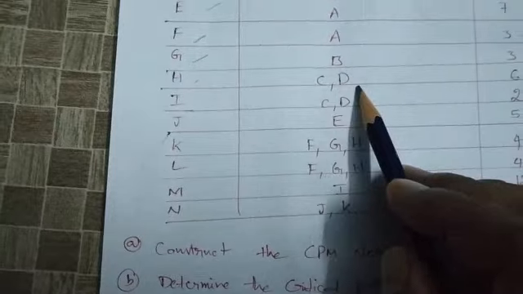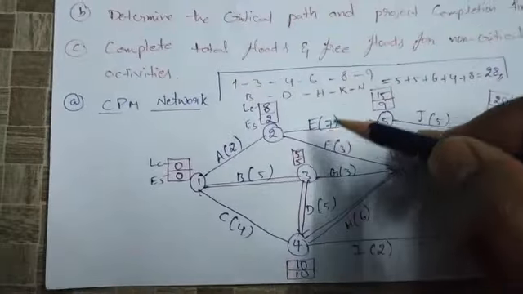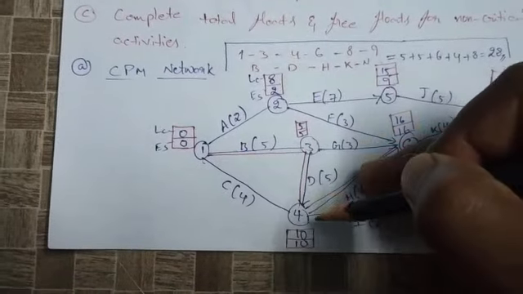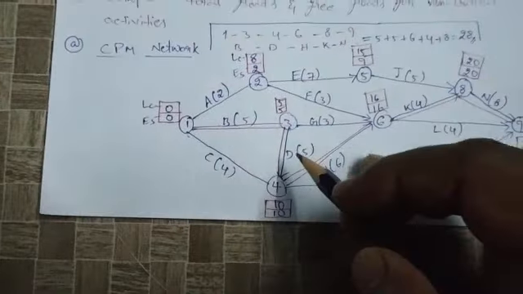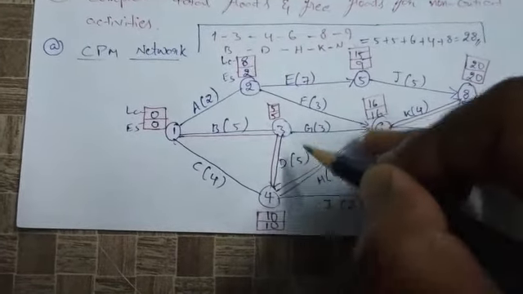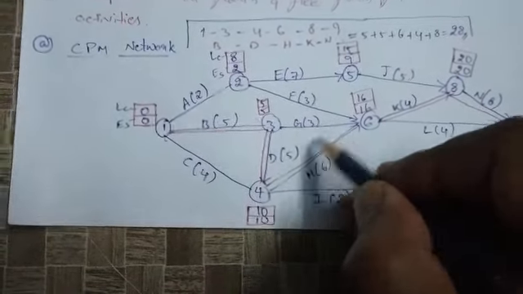So G is also completed. Next, H is connected with C and D. Both C and D connect to node 4, so node 4 connects with C and D, and H starts from there, and the arrow is drawn.